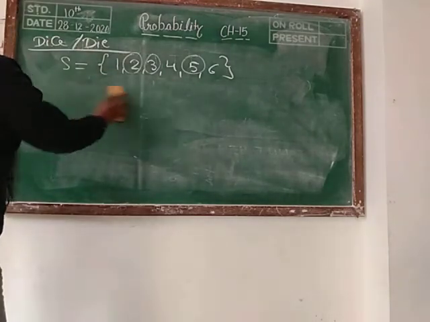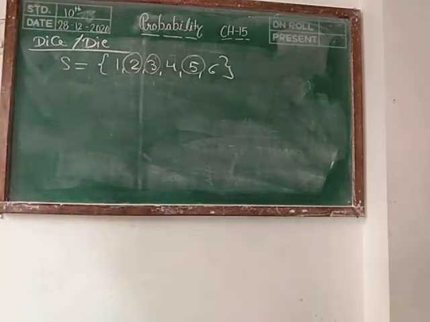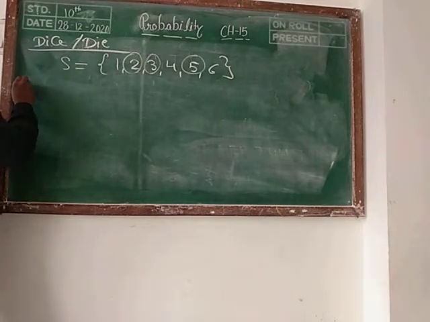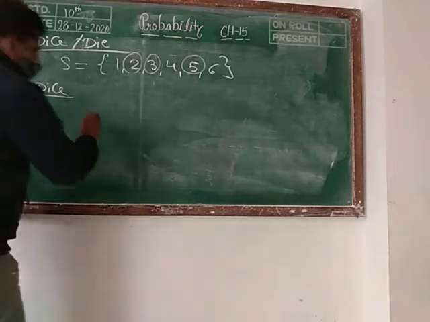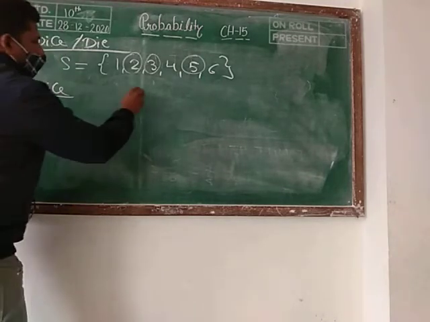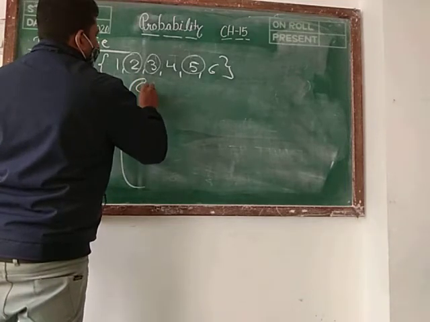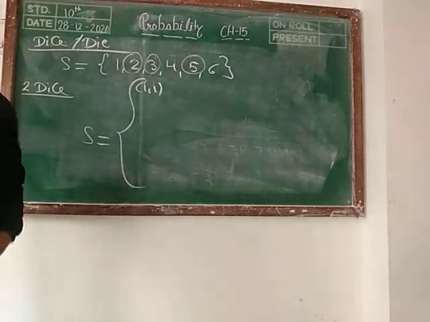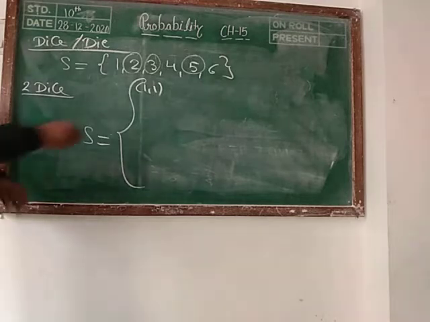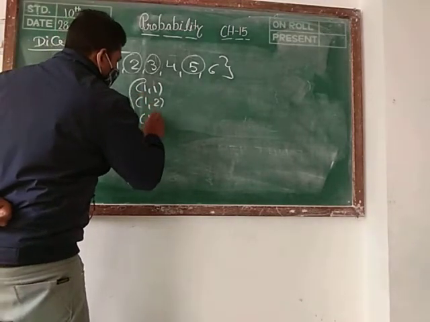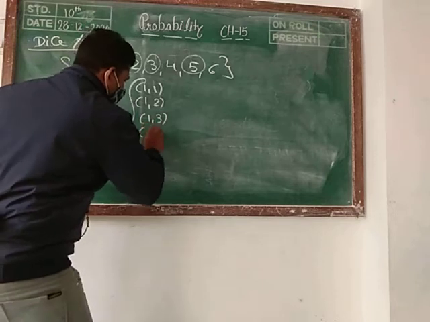And the next one you are getting, if you are throwing 2 dice together. Here you are throwing 1 die, and if you are throwing 2 dice together, then the sample space, the possibilities you are getting, either you are getting 1 1 on both the dice, or you are getting 1 2, 1 3, 1 4.